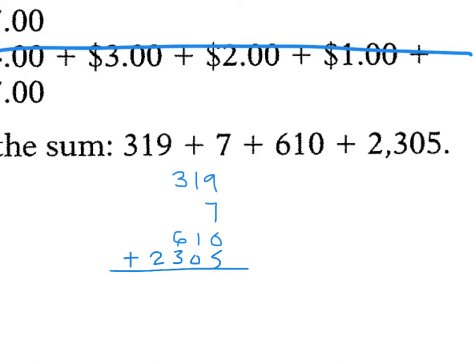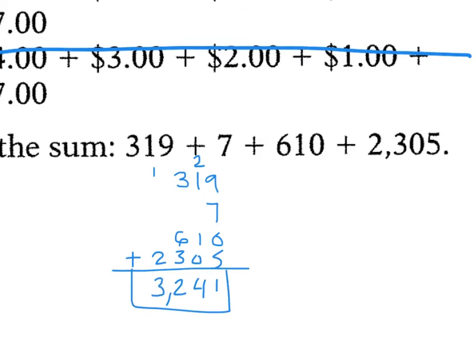So 9 plus 7 plus 5 is 21. Next we have 1 plus 0 plus 2 plus 1 would be 4. And we have 3 plus 6 plus 3 would be 12. And then 1 plus 2, which is 3. So 3,241 is our answer.